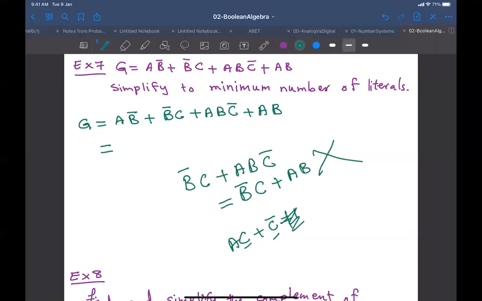These two terms here don't have anything in common that you can use to simplify. The B is complemented here and true here. The A is not appearing here and appearing here. The C is complemented here but not here.